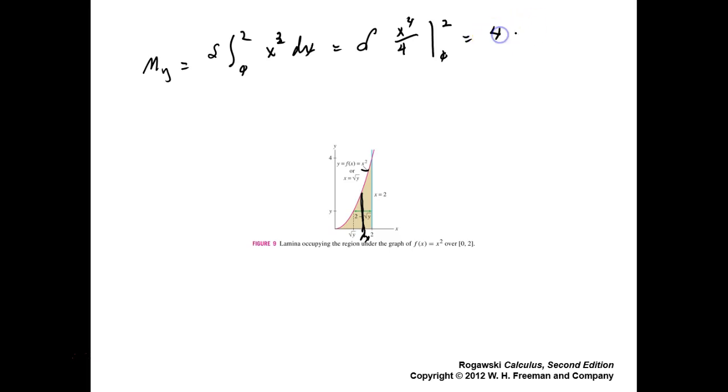So this is going to be 4 delta, because 0 is 0. So that's your m sub y.